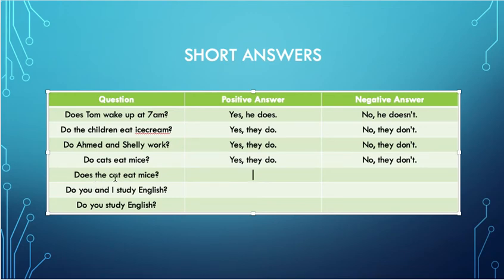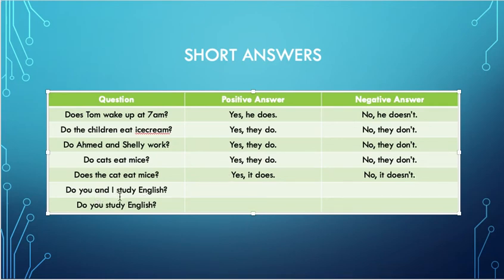Does the cat eat mice? So one cat. For one cat, do we say it or they? One cat, it. So yes, it does, or no, it doesn't.